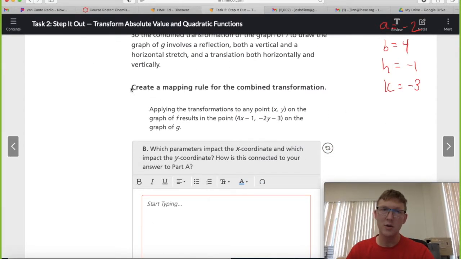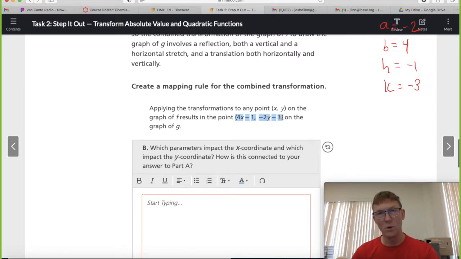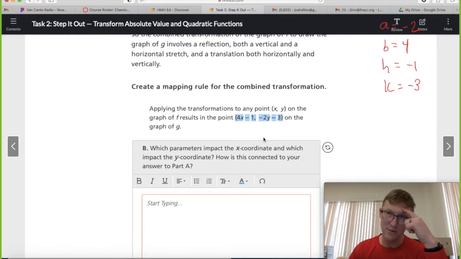So now we can create a mapping rule for the combined transformations. Remember, applying the transformations to any point x and y will result in this type of formula. You can derive this part one of two ways. You can either logic through it: what's going to happen to all of my x's?